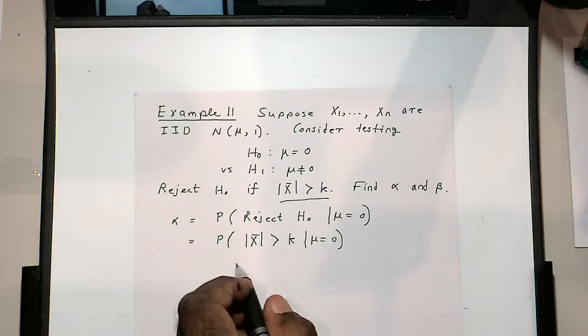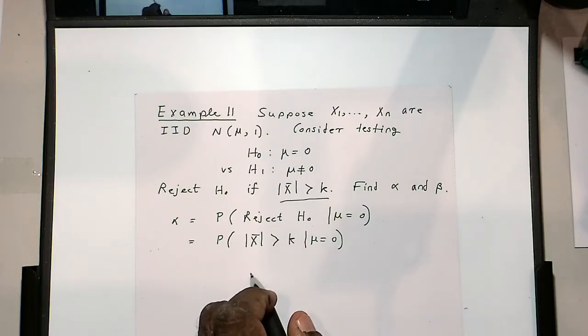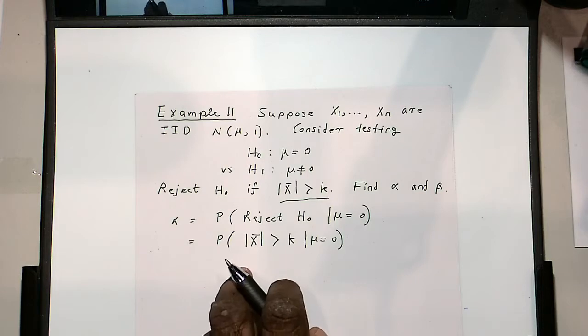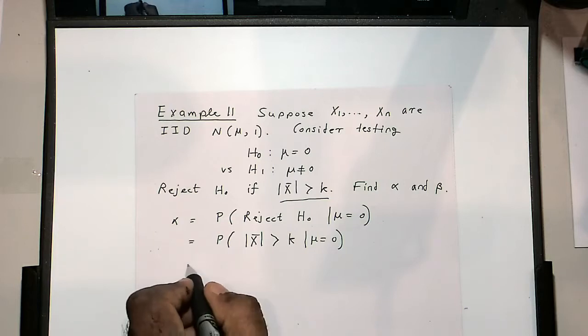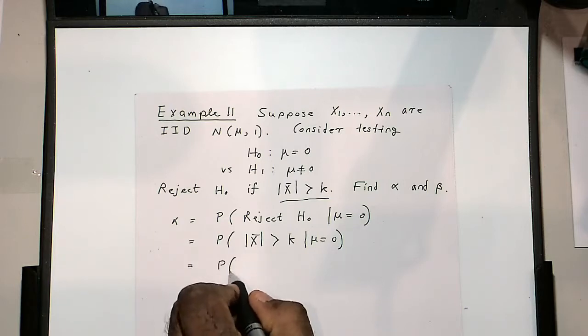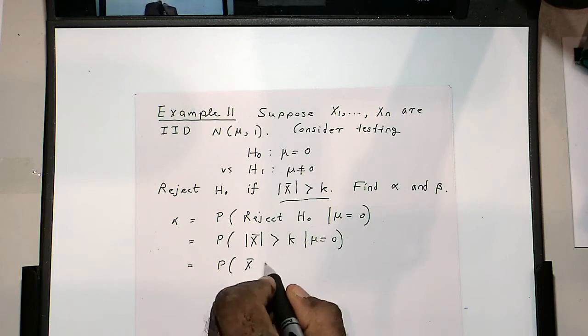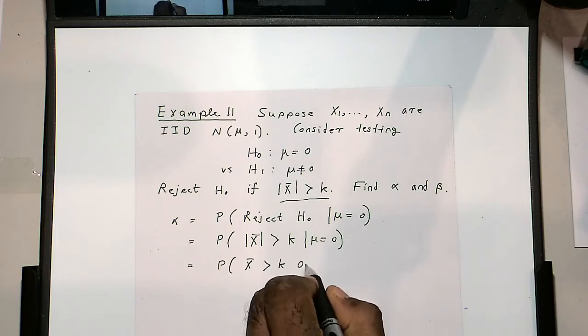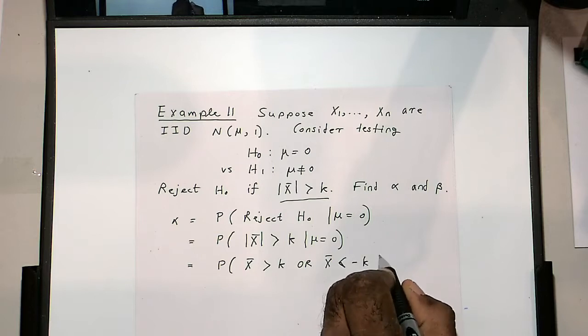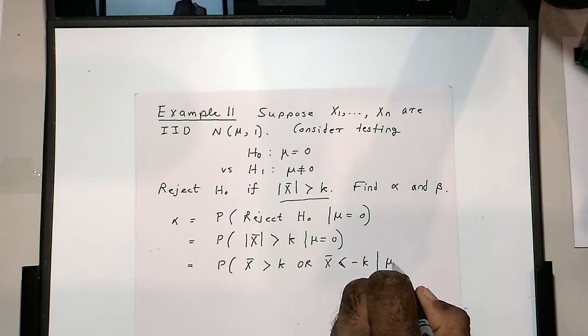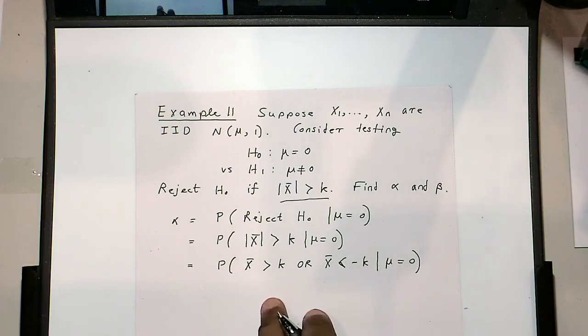Now, you should know your math, but if the absolute value of something is greater than a constant, it means two things. It means, without the absolute value, either x bar is greater than k, or x bar is less than minus k. I'm sure you know this from your math background, okay?